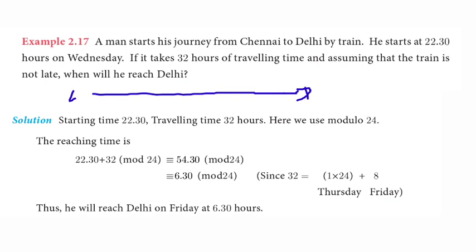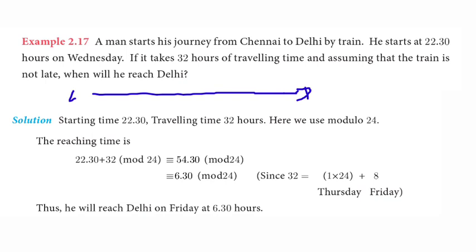Draw a line from Chennai to Delhi. The starting time is 22:30. Let a = 32 hours. Then a ≡ b mod n, where a is 32 hours, b is the remainder, and n = 24.